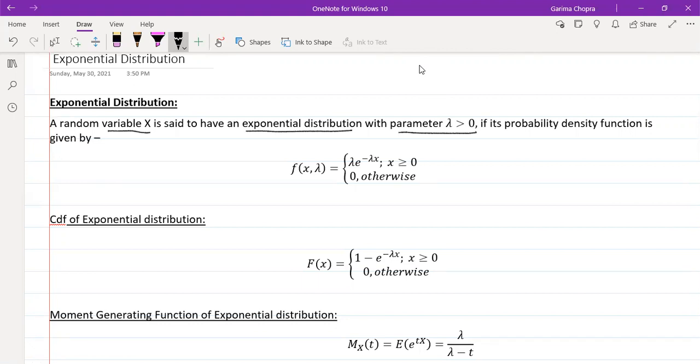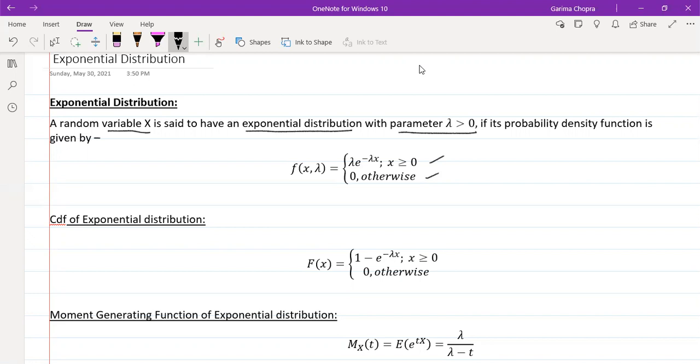Here f is defined as lambda times e raised to power minus lambda x when x is non-negative, and for negative values of x we have this function f as 0. So this is the probability density function.